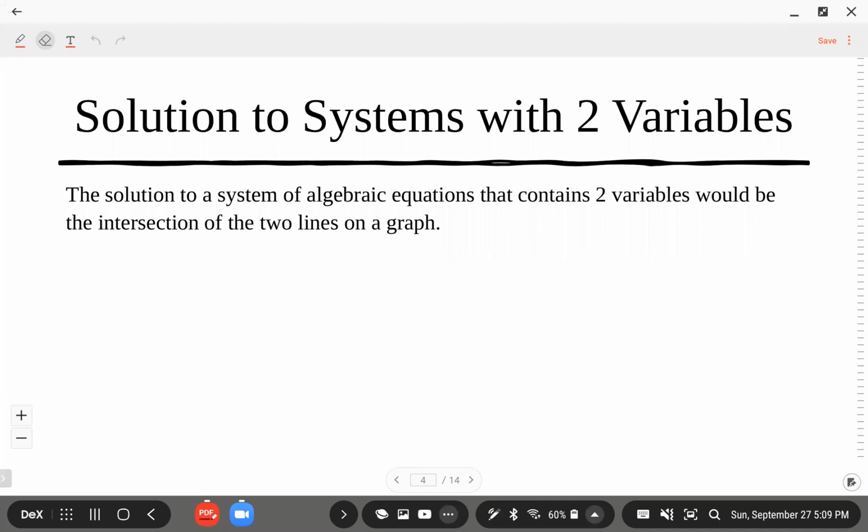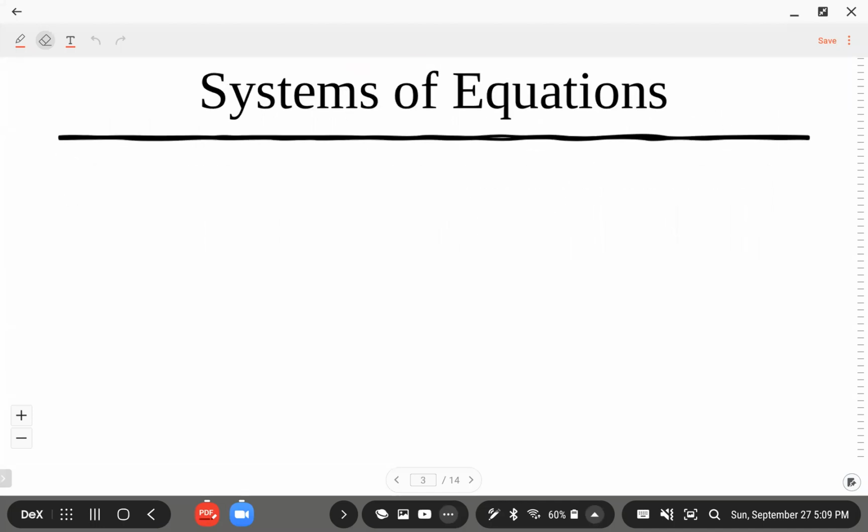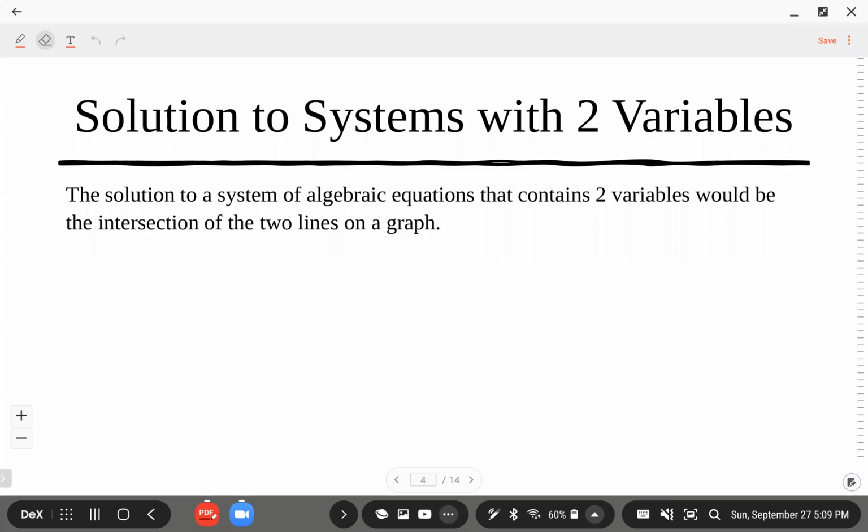So remember, we have two equations. Let's say we have y equals 2/3 x plus 4, and 3x minus 3y equals 9.